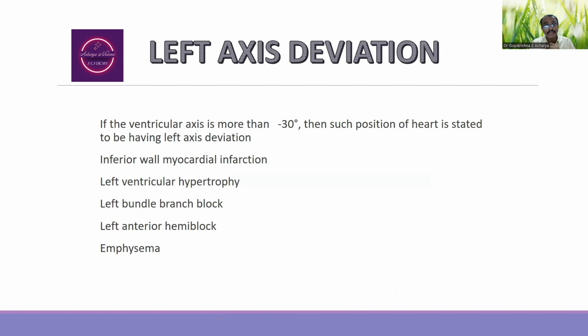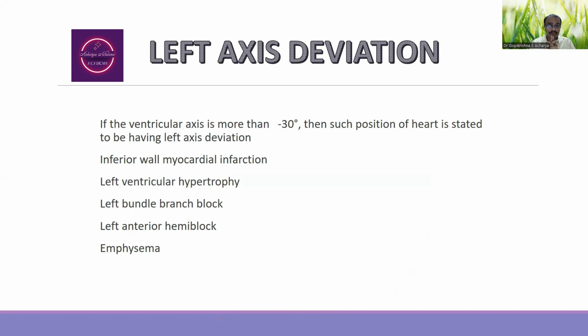The clinical conditions where we are going to expect left axis deviation are inferior myocardial infarction, left ventricular hypertrophy, left bundle branch block, left anterior hemiblock, and emphysema.